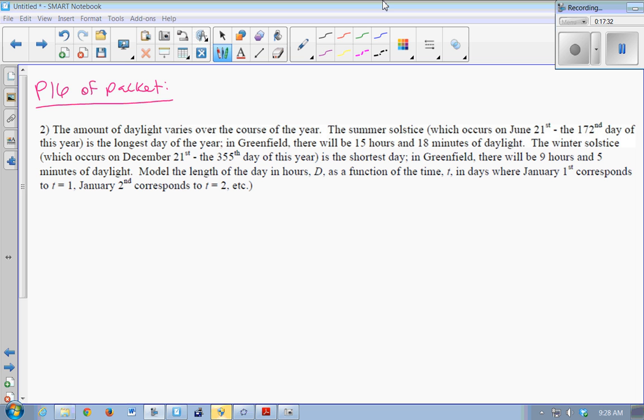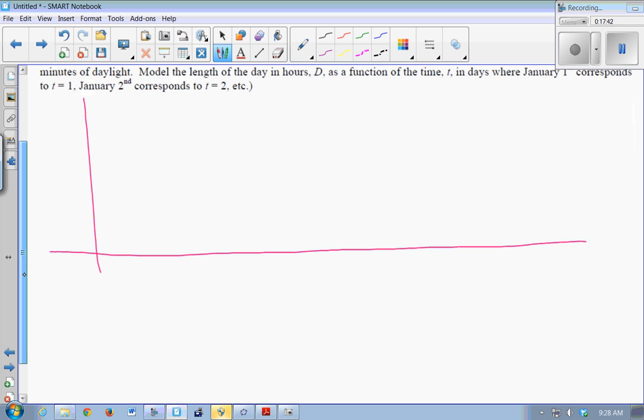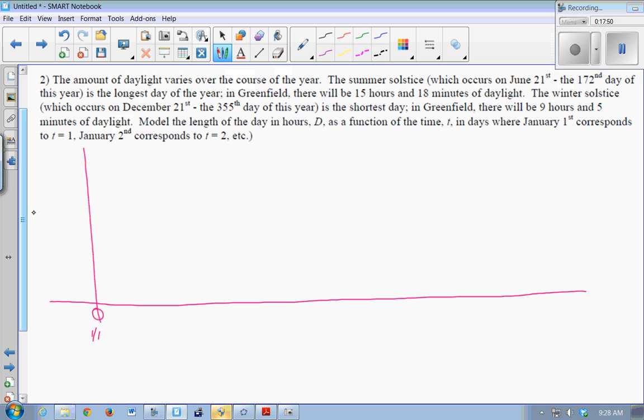Okay, so here's my axes. This is January 1st, t equals 1. And then my high occurs on June 21st, the 172nd day of the year. So let's put this here. And then I have a low on the 355th day of the year.